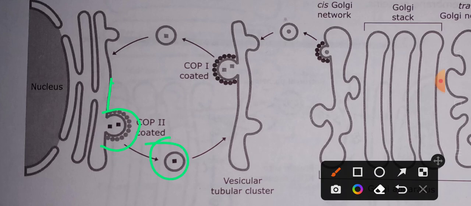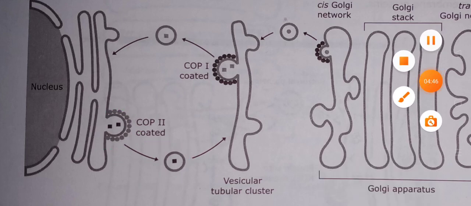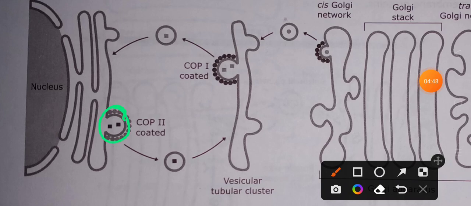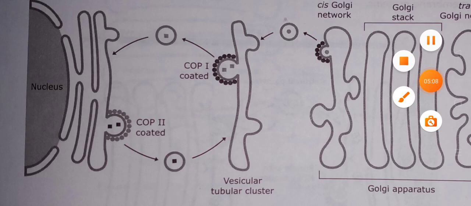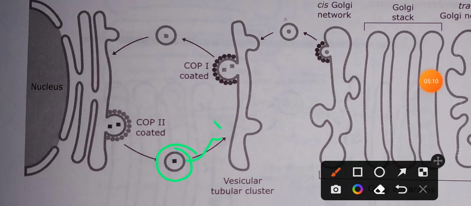Once they have budded off with the protein inside, they will go to the destination. Before they reach the destination, the proteins covering the vesicle should be removed, so that the vesicle can fuse with the recipient membrane. Okay, so that is the thing.